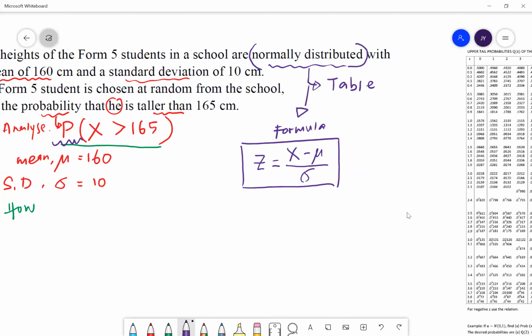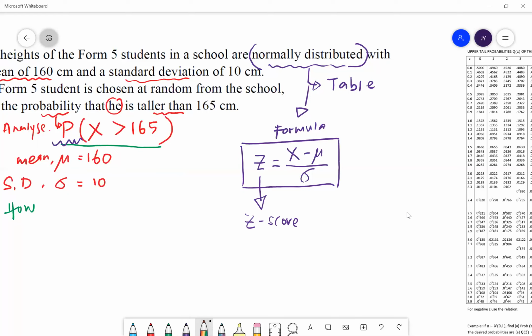You talk to a Malay, Indian or Chinese in the wrong words, they cannot understand as well. So you need to translate what you say into something the table can understand. What words can the table understand? They can understand Z. This is called the Z score. This is why we need this formula, in order for the table to understand and find the answer for us, so you get marks. Okay, this is the formula.